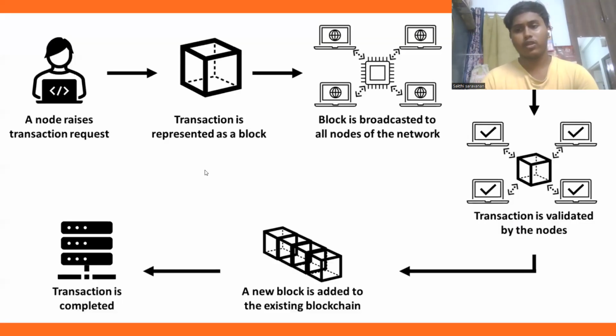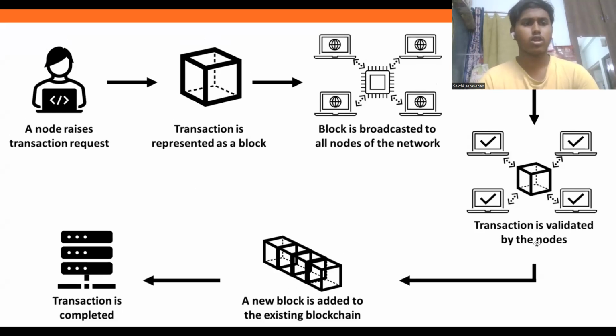So here is a diagrammatical way to represent the same process. A node is going to raise a request, and that request is going to be made into a block.